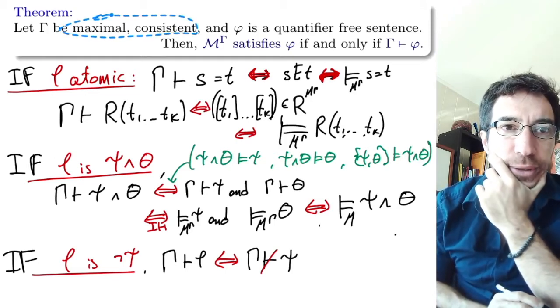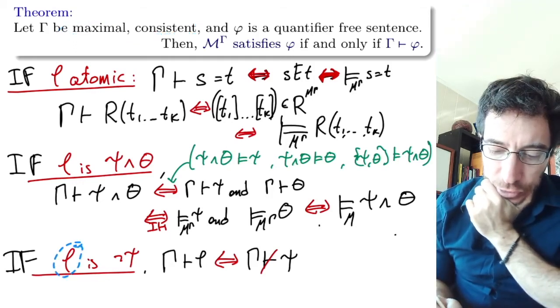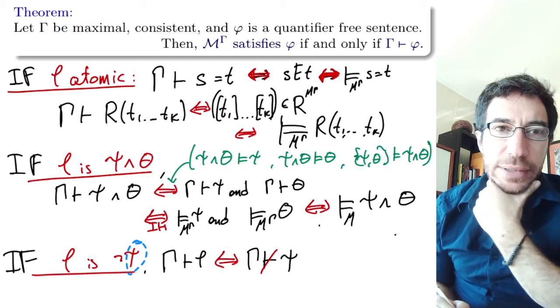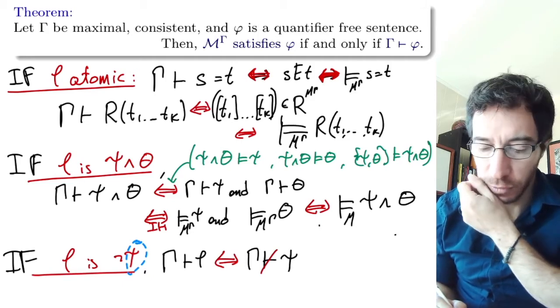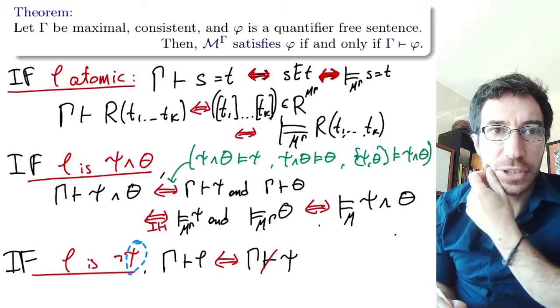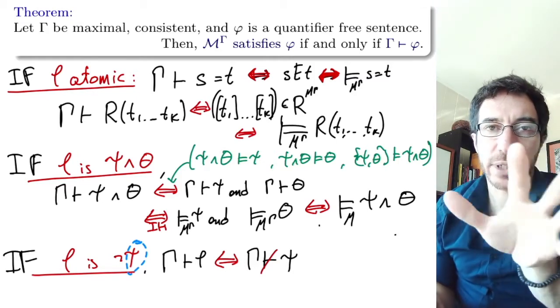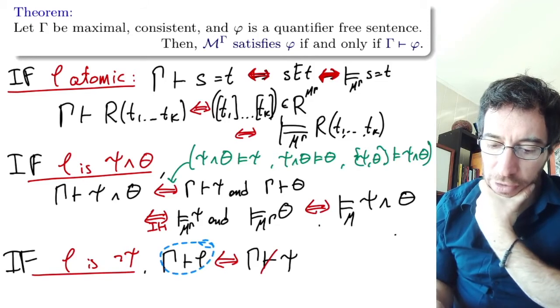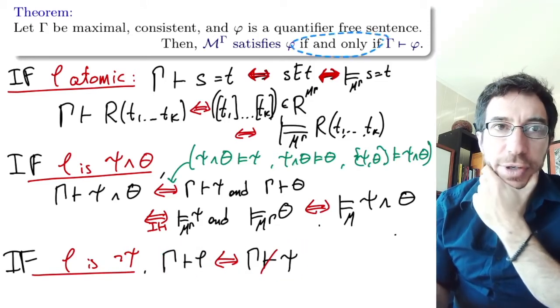So maximal means that gamma must prove either phi or psi, one of the two. And consistent means that it cannot prove both, otherwise we get an inconsistency, right? So maximal and consistent means that we always prove either the formula or the negation, and that's it. Those are the possibilities. So you prove one if and only if you don't prove the other. Now here is also an if and only if up here.